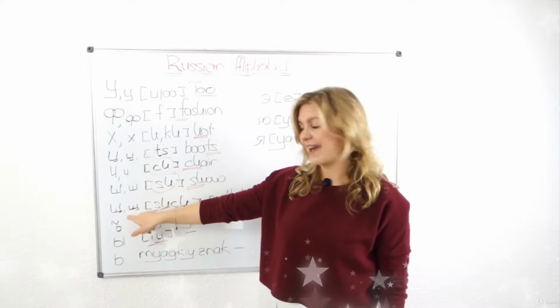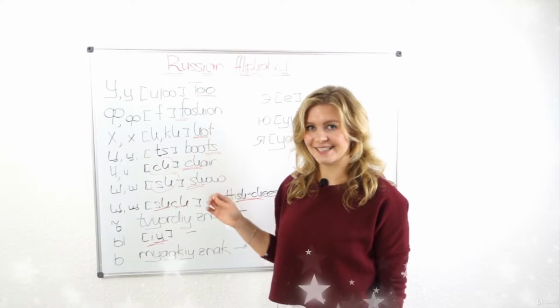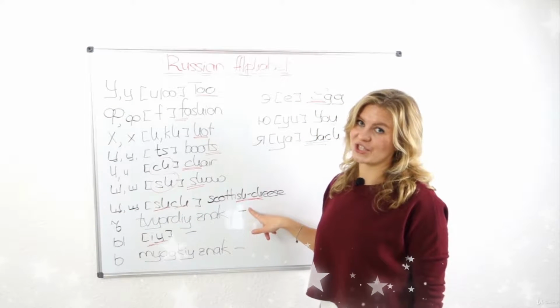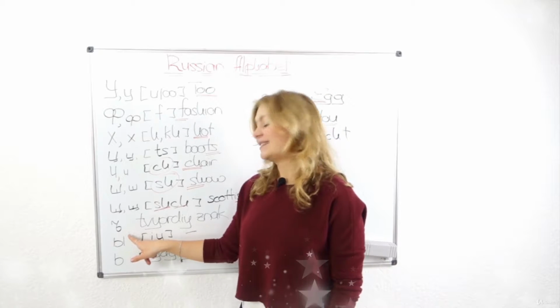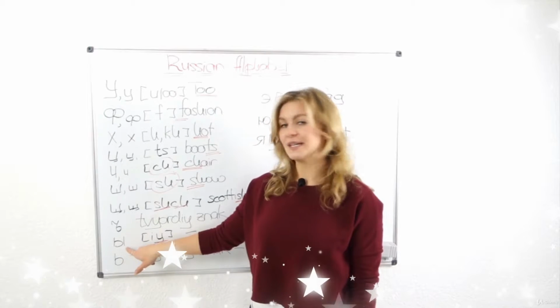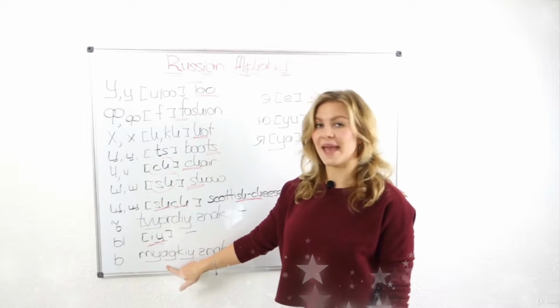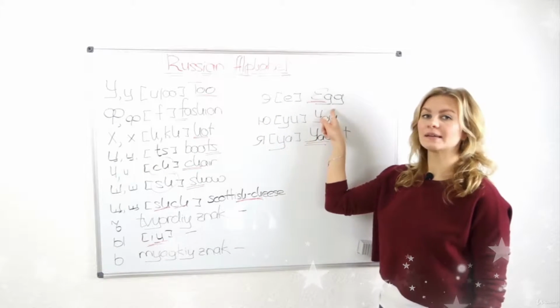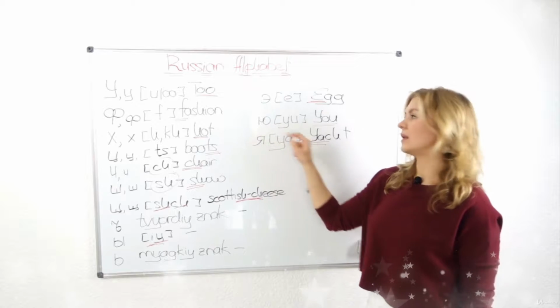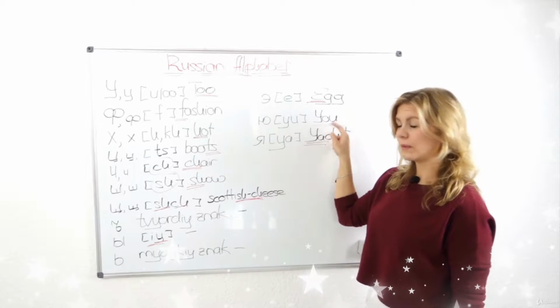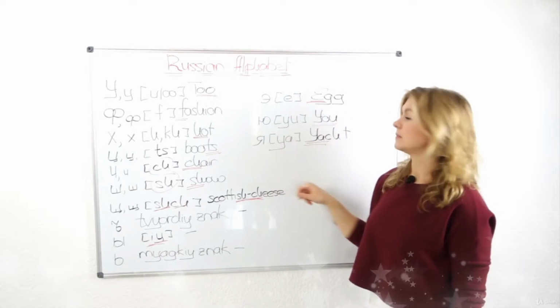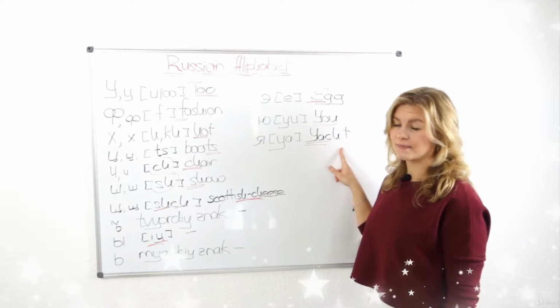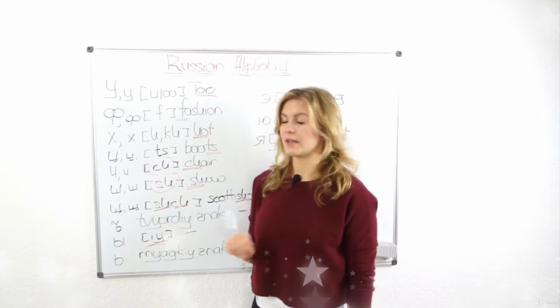Sh, yeah, it is sh, but very soft. Sh, like Scottish cheese. Твердый знак. Ü, мягкий знак. Like egg. U, like you. Ya, like yacht.